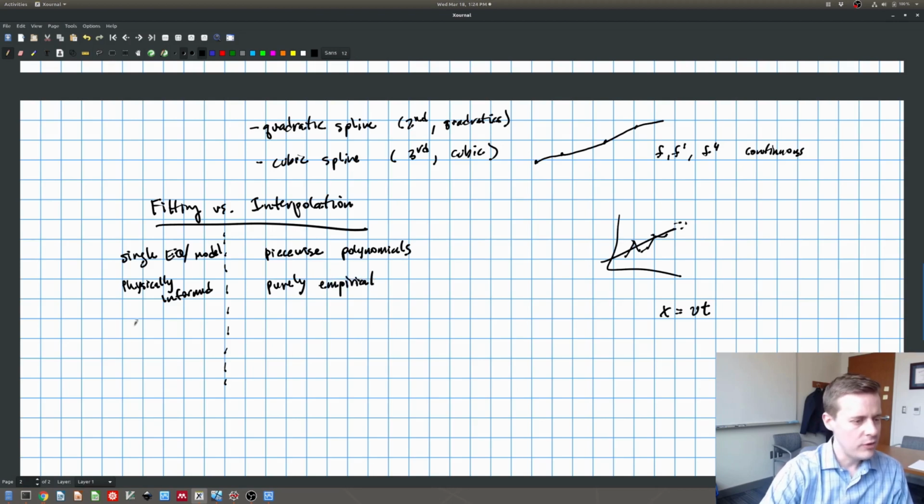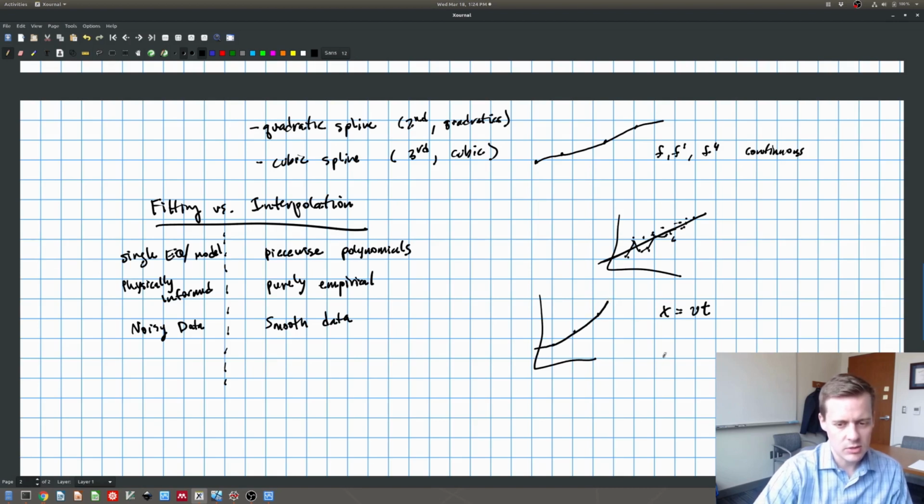Okay? Fitting, you have noisy data. Okay, so you've got data that's all over the place, and you accept error, and you're trying to find the best fit line through that error. In interpolation, you want smooth data. Okay, so you've got a plot, you've got this point, that point, and you're going to exactly go through those points, and you want smooth. If you have something that looks really noisy, like this, and you're trying to interpolate, you're going to get a crazy interpolation function, right?